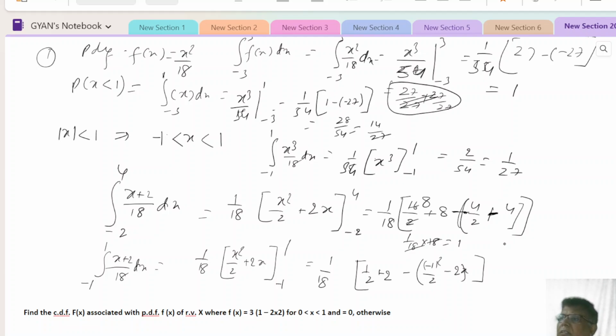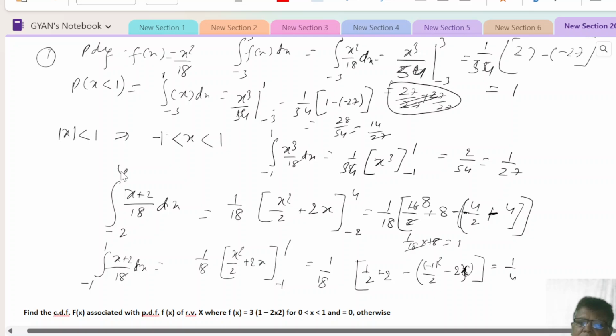So you calculate it, you will get 1 by 4. Minus of minus 1, so minus 1 is plus 2. So you will get 4, 1 by 4. Similarly, you can find that also.